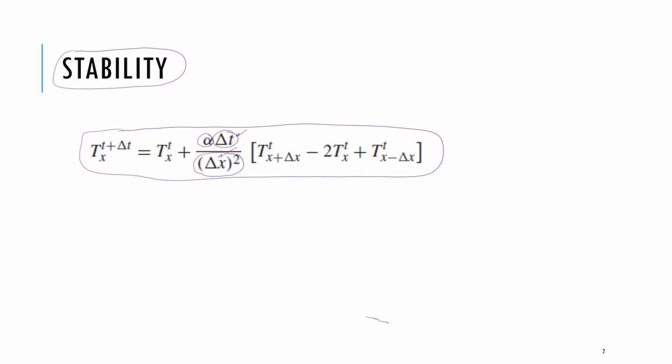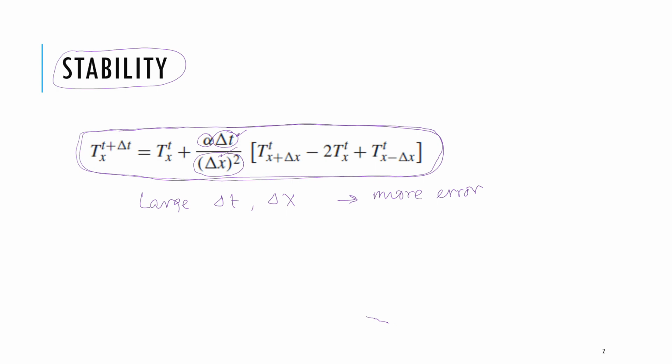Now, of course, if we choose a large delta t, delta x, the larger we choose, then more error in the computation. But there's something more sinister that can happen in this particular equation. It doesn't have to happen in all finite difference equations, but in this one, it will definitely happen.